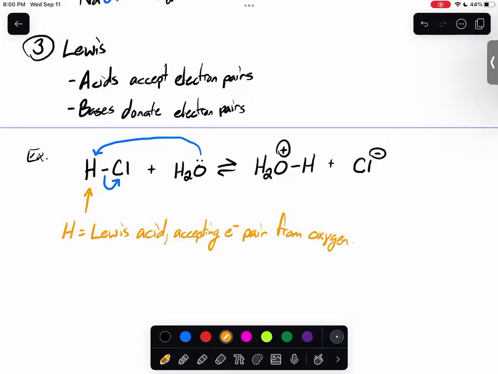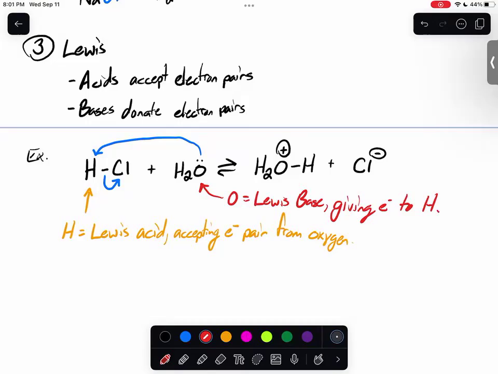Inversely, we can point at the oxygen of the water and say that here, oxygen is the Lewis base, because it is giving its electrons to the hydrogen, to that proton.